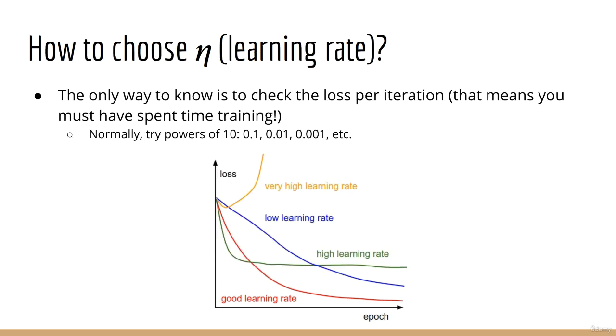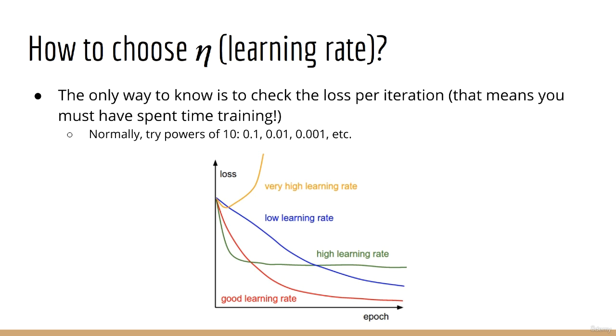Sometimes your learning rate might be a bit too high, so you'll see some convergence, but it'll converge to a suboptimal value. If your learning rate is too low, then you'll see a really shallow curve. This is also not good because, as I mentioned, training takes time. So if your learning rate is too low, you'll have to wait longer. But not only that, sometimes you can just get stuck at a suboptimal point.